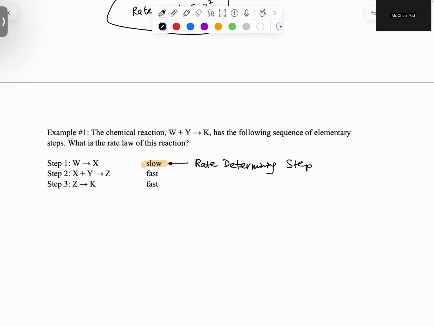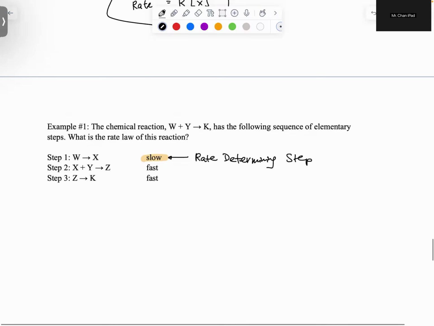The scanner or the bagger? The bagger, right? Because he is slow, no matter how fast the scanner is, he is going to dictate your speed of leaving the store. So this is the reason why we say the slowest step, or the slow step, is the rate determining step. Number one.